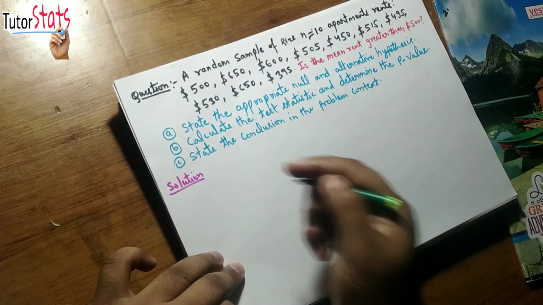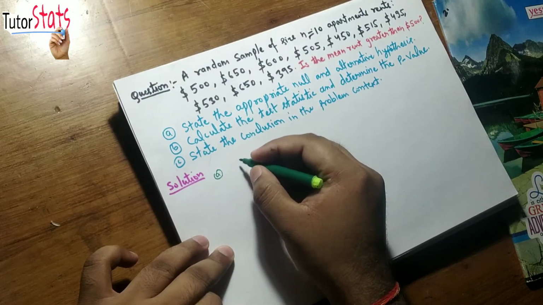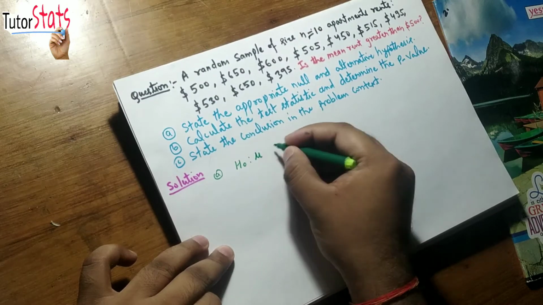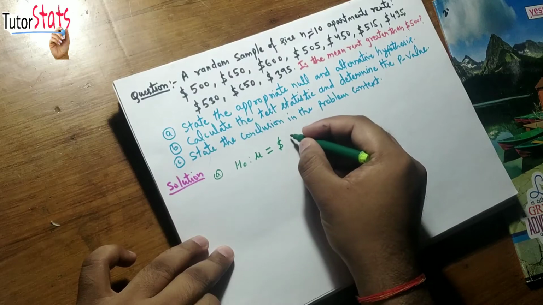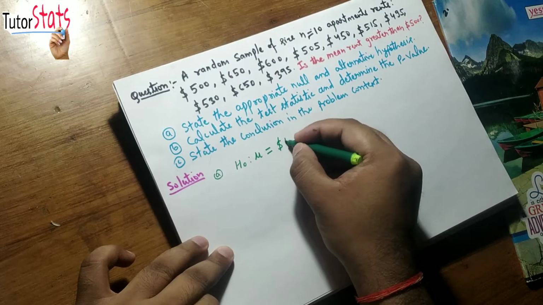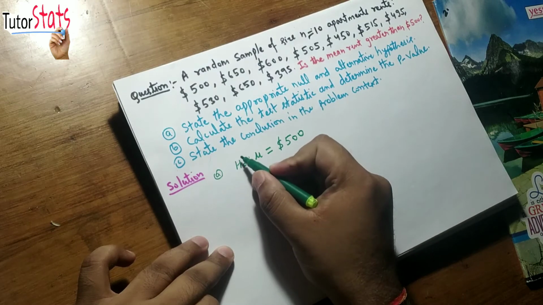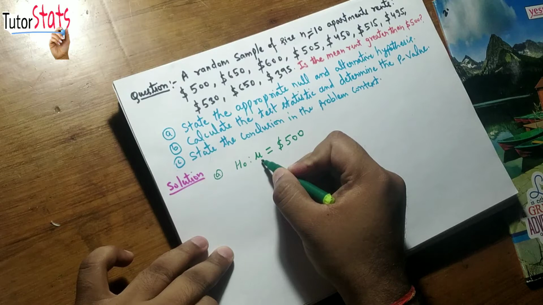So in the first part, the null hypothesis is H naught: mu is equal to $500. H naught is the notation for the null hypothesis and mu is the population mean.